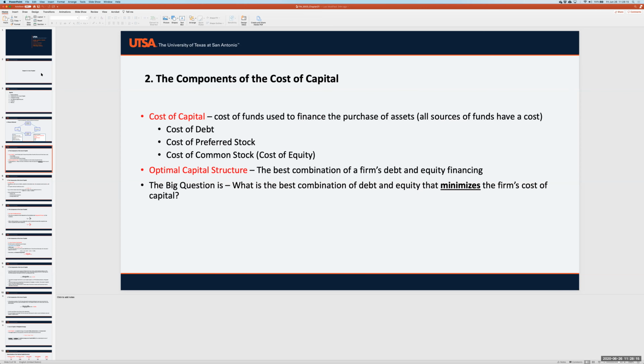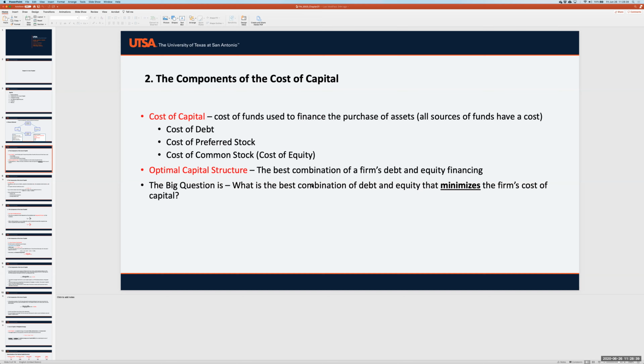Any kind of investments: property, plant, equipment. How can a company finance those investments? They can use debt, preferred stock or common stock. So these are the cost of capital, the cost of funds used to finance the purchase of assets, right?